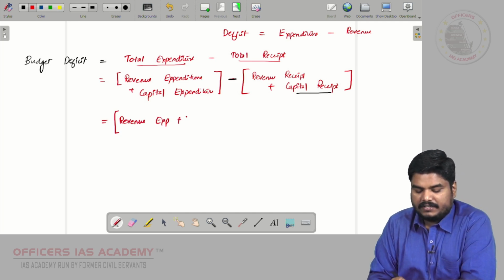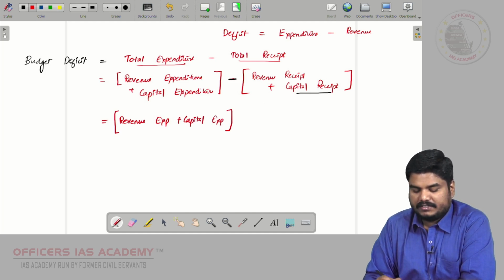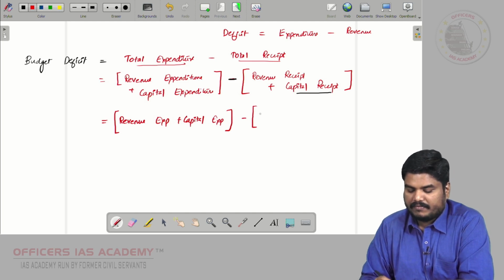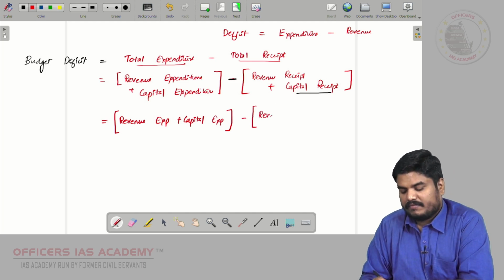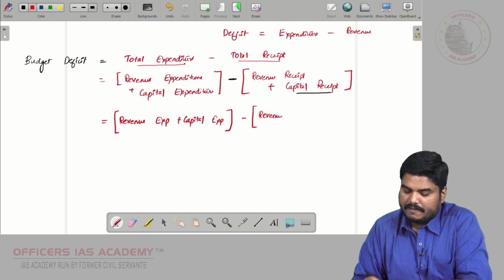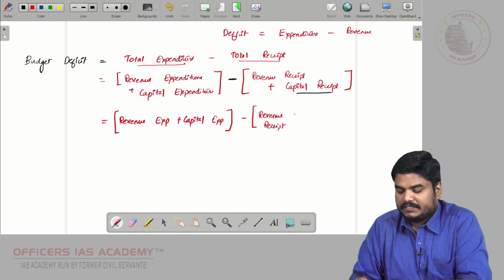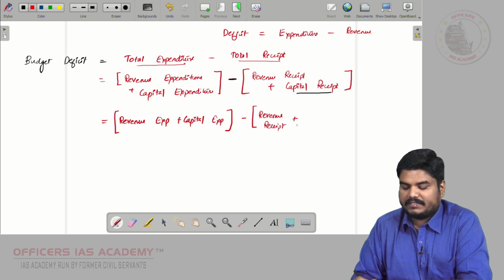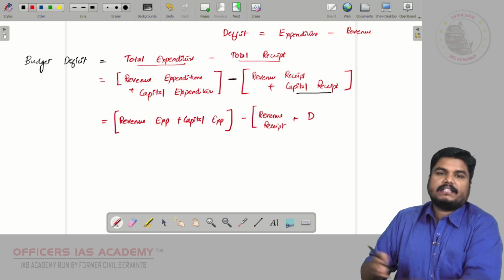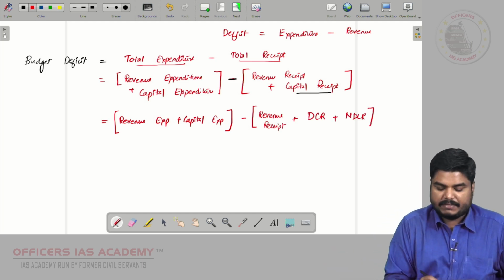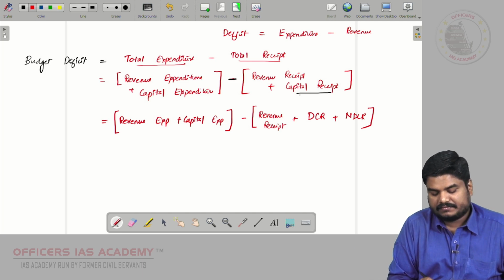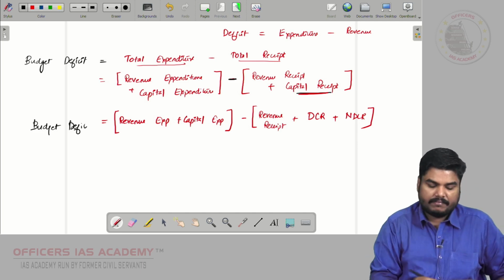Revenue expenditure plus capital expenditure minus revenue receipt plus debt creating capital receipt plus non-debt creating capital receipt. This capital receipt alone I am expanding further. So this is budget deficit.